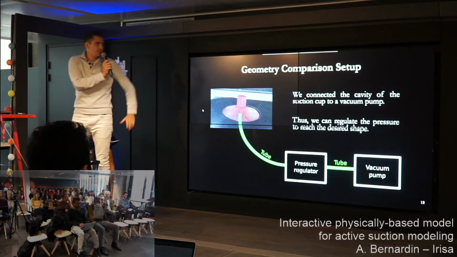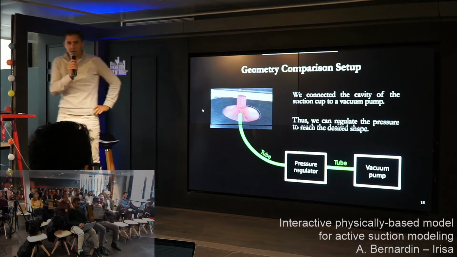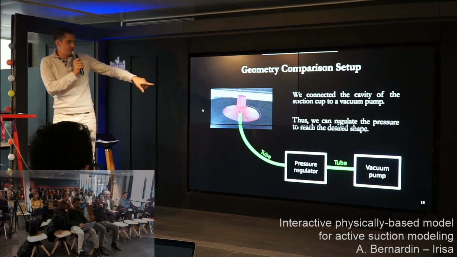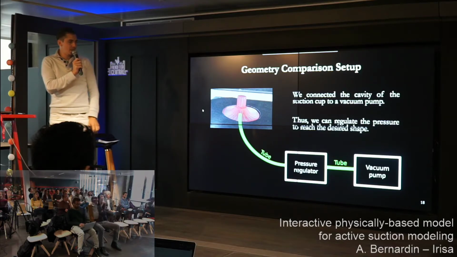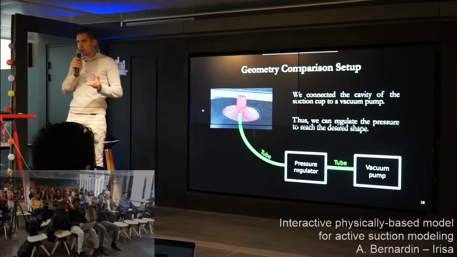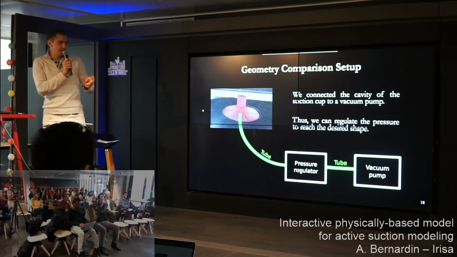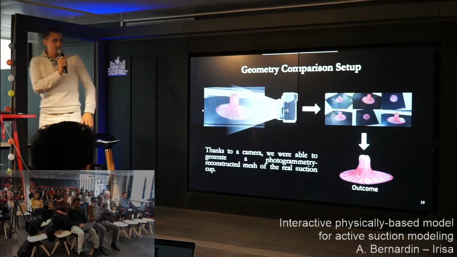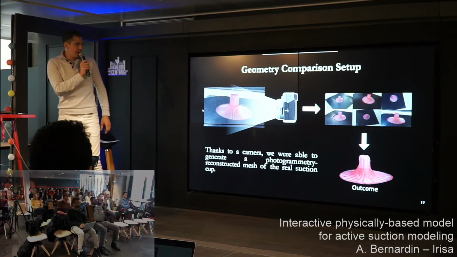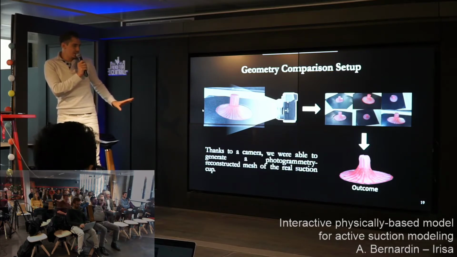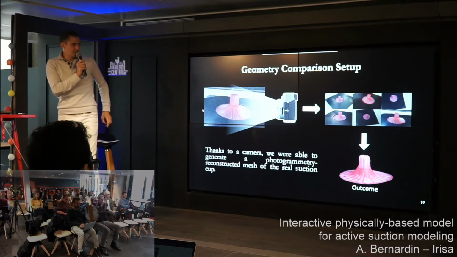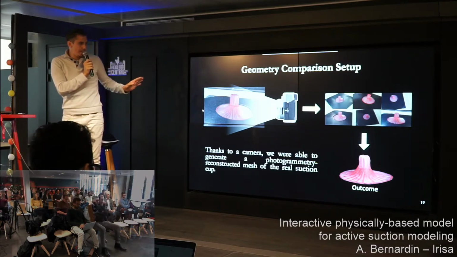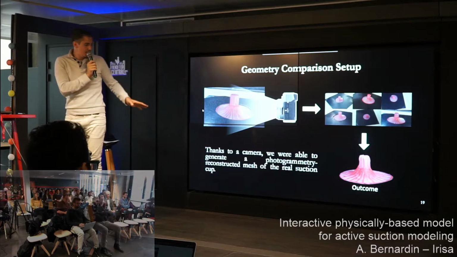So for the geometry comparison setup, we have the suction cup, which is linked to a vacuum pump. And in between, we have a pressure regulator in order to manually set the pressure and reach the desired shape of the suction cup. Thanks to the camera, we use photogrammetry techniques to reconstruct the real suction cup as a mesh.